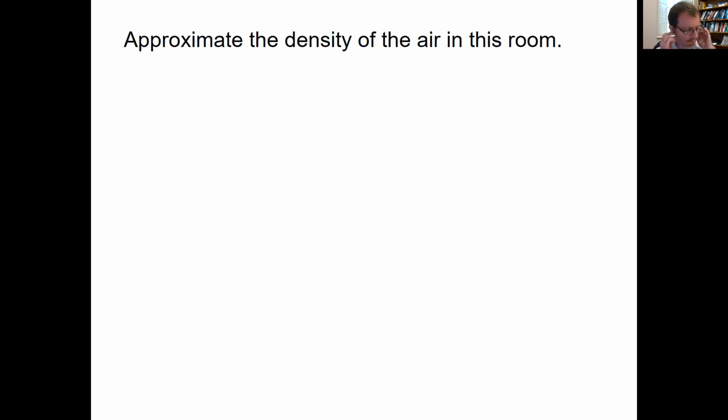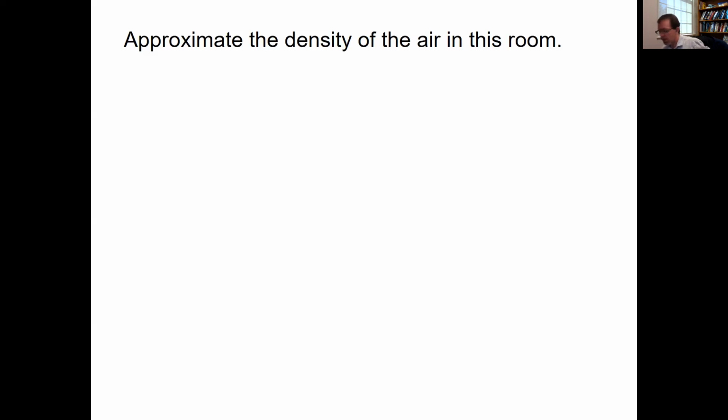In the classroom, I would use a meter stick to measure the pressure on the floor, and then the pressure at a height of 1 meter above the floor.